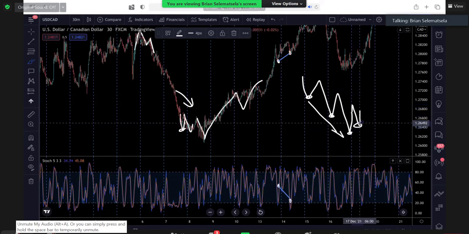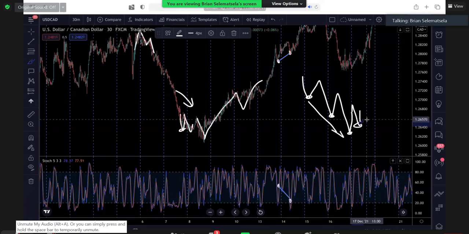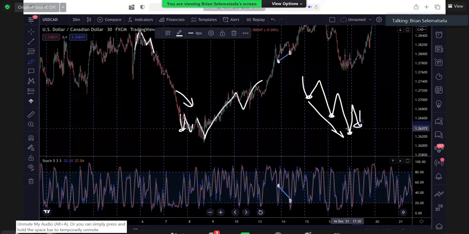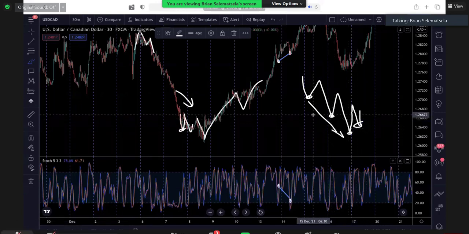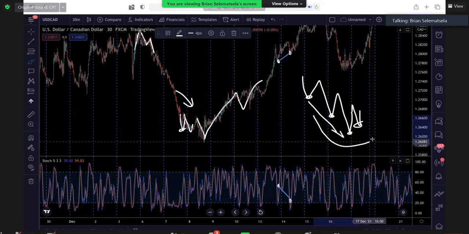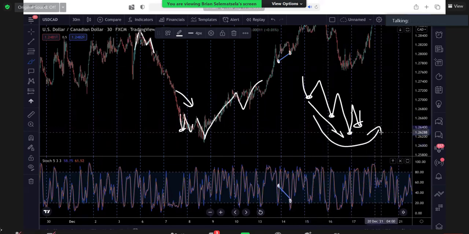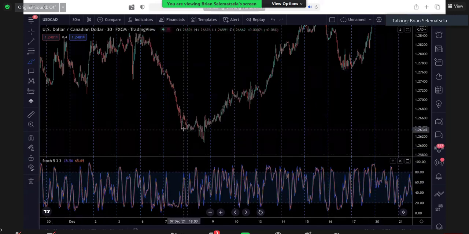That's when we know that the market might be focusing on the other direction. So it shows some sort of a cup here to show that there is a turn. That's what I was trying to illustrate here.